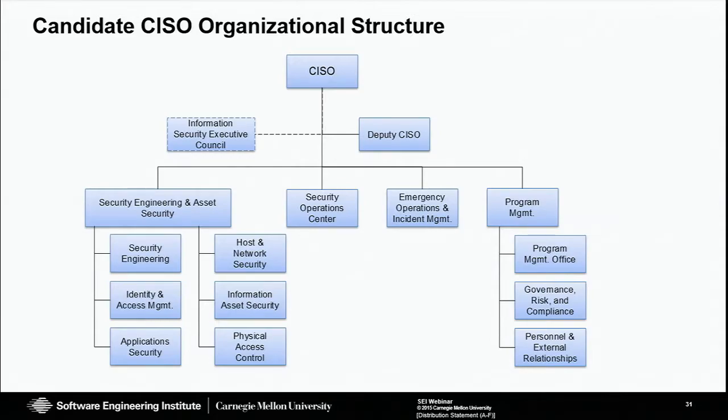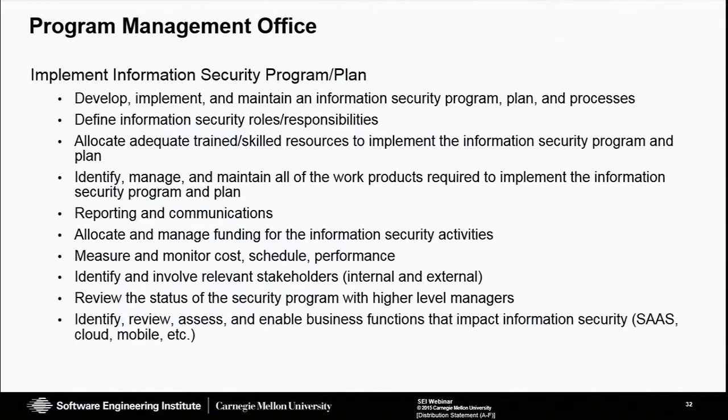I'm going to go from right to left, starting with program management. Okay, so this is a pretty typical function in just about any organization, be it security or other related activity. You've got planning, you've got programming of the plan, roles and responsibilities, making sure you've got adequate resources, dealing with funding, doing all the tracking that happens when you're making a significant investment in an organization, in this case for information security.